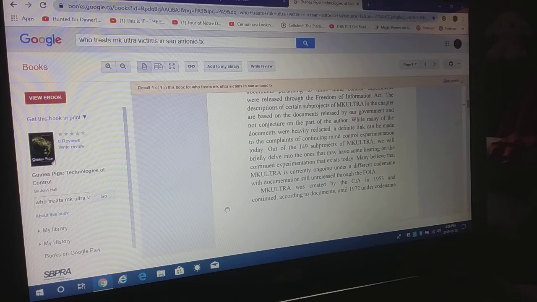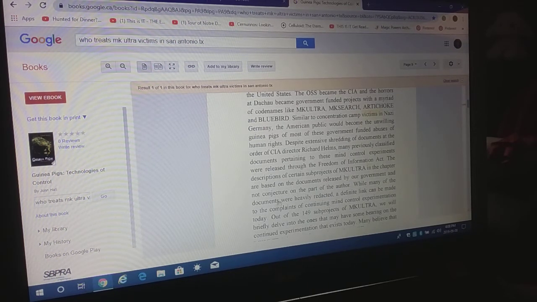Released by our government and not conjecture on the part of the author. While many of the documents were heavily redacted, reference can be made to the complainants of continuing mind control experimentation.